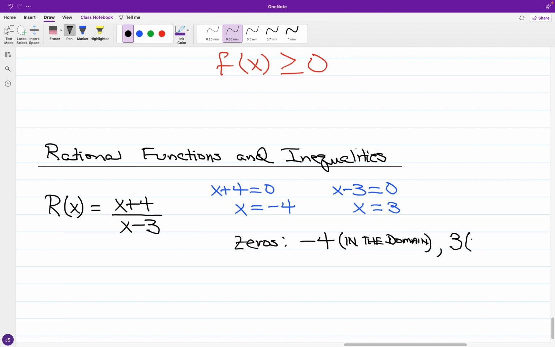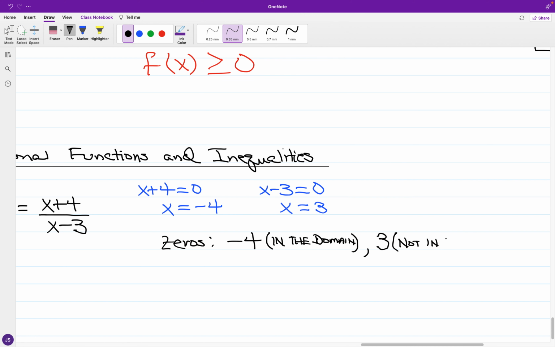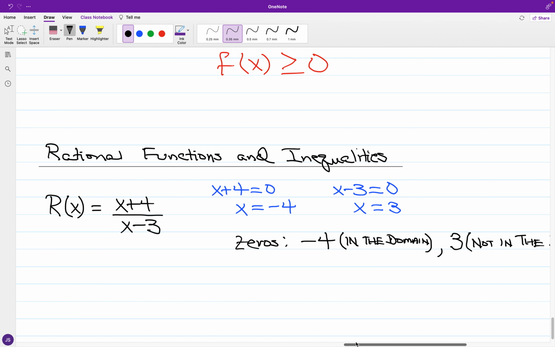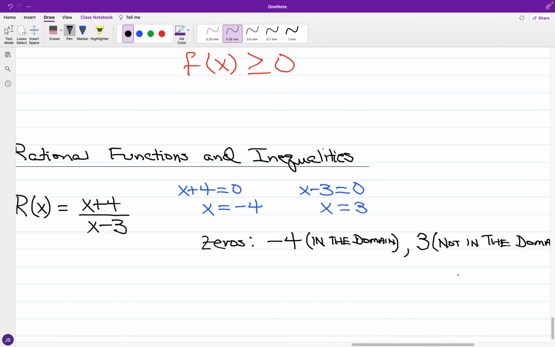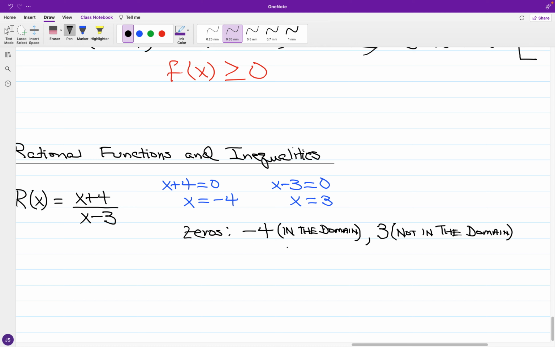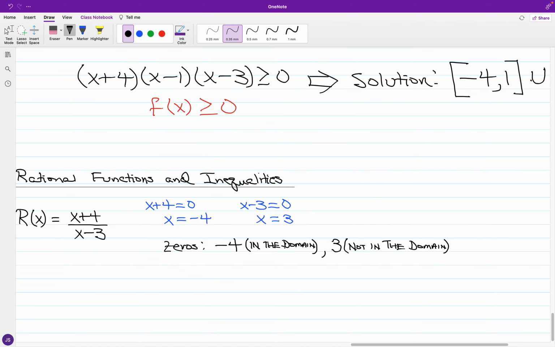But 3 is not in the domain. If the zero is in the domain, that value of x sets the function equal to 0, but in the case of 3 not being in the domain, instead of setting the rational function equal to 0, it becomes an undefined expression.